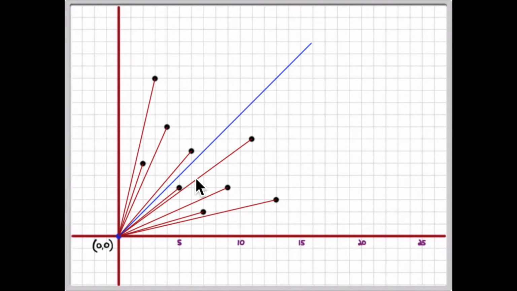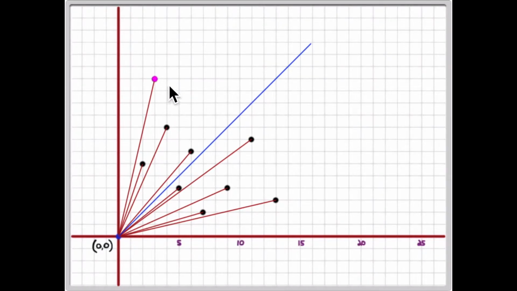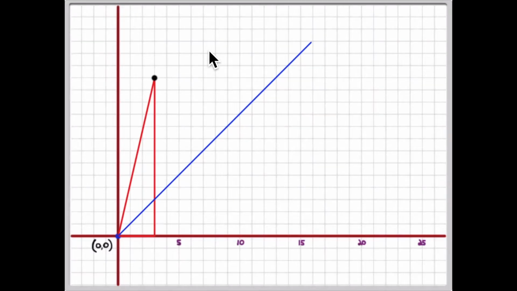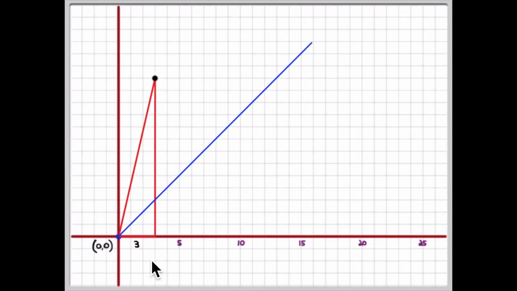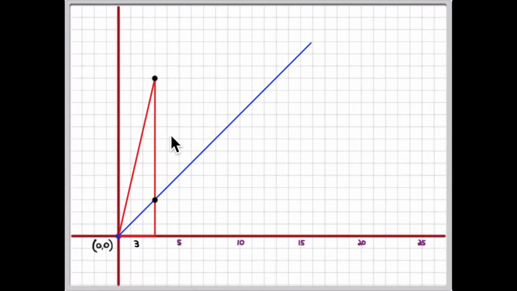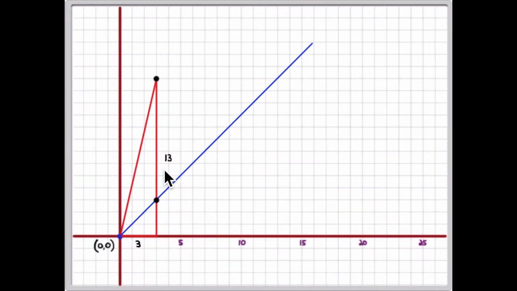Now if we just pick one of these points, this point right up here, complete the right triangle. This right triangle has a horizontal length of 3 units right here: 1, 2, 3. Its vertical length is 13 units, from the x-axis up to this point. And that length is 13/3 of this length right here.